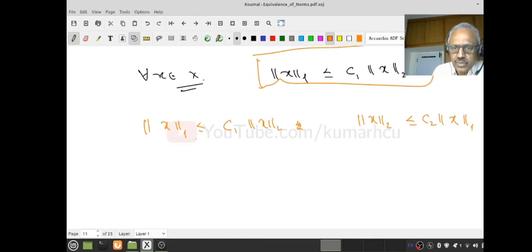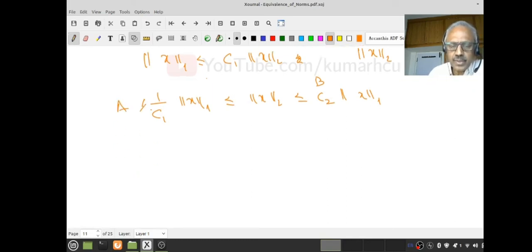This I can rewrite as, remember c1 is positive, therefore I can write it as 1 by c1 times the first norm of x is less than or equal to the second norm of x, but the second norm of x is less than or equal to c2 times the first norm of x. So call this a, call this b.